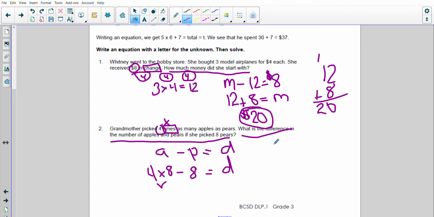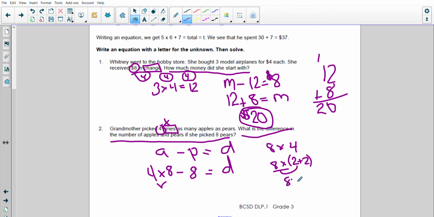So again, I can just do a break apart method and double a fact. So I can go 8 times 4. I know 4 is the same as 2 plus 2 times 8. Distribute the 8 times the 2.